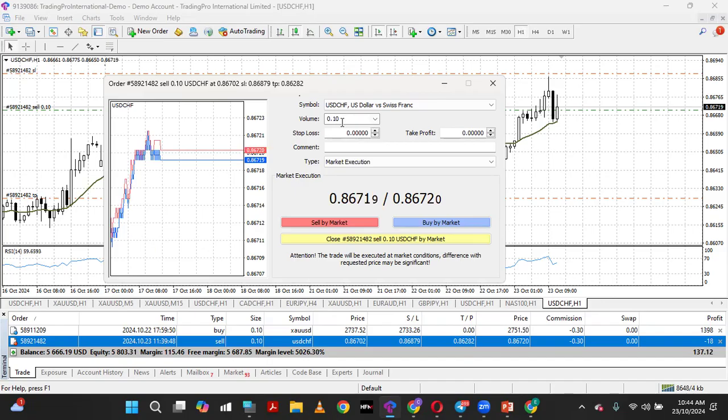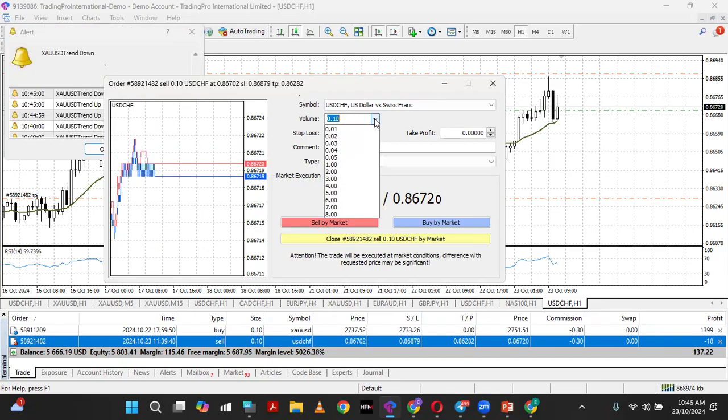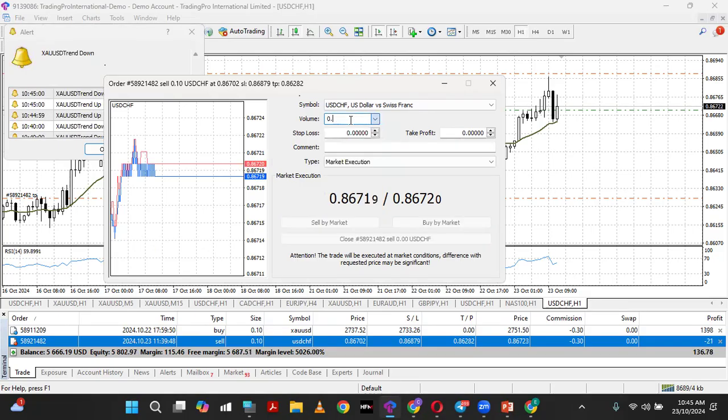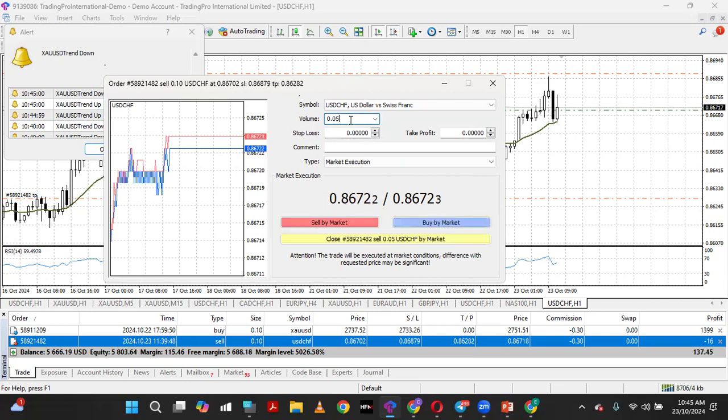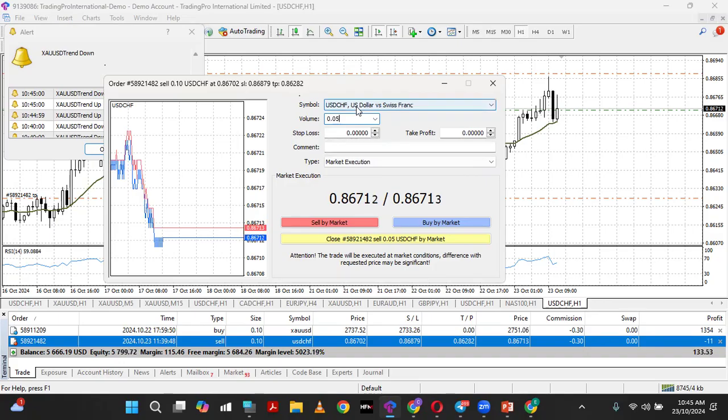When somebody tells you partial close, you go to the volume. Let's say you want to close half. What you will now do is you just type here 0.5. Do you see it? You are now closing half instead of closing everything. That is, if you're using anything above 0.01, you can partial close. But if you're using 0.01, you cannot partial close. You have to close the entire trade to take your profit.